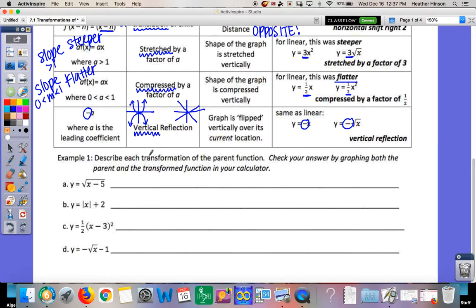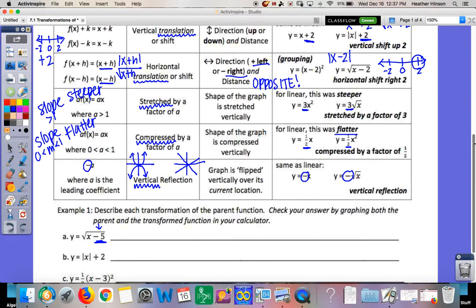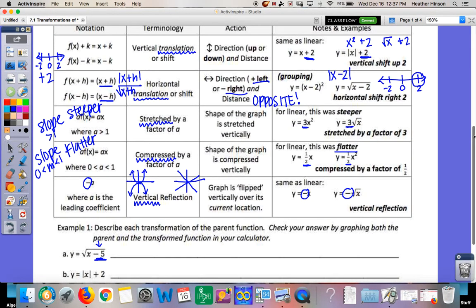Okay, so let's see if we can label these. So we're going to describe each transformation of the parent function, and then we can check it in the calculator to see how it was really transformed, to see if we're correct. So for this one, we have a -5, and it's inside the square root. Which one up here was inside a grouping symbol?